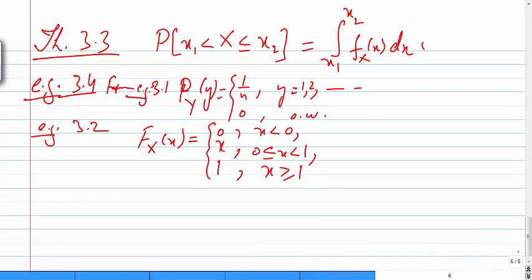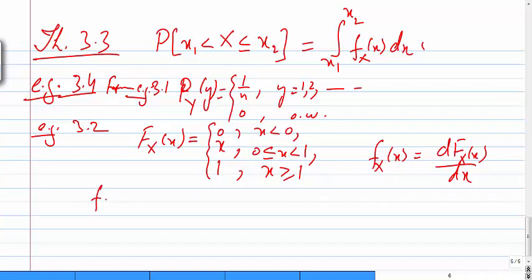Now to calculate the PDF, we have to do the differentiation. As we know, the formula for the PDF is the derivative of the CDF. So let's do it for this one.